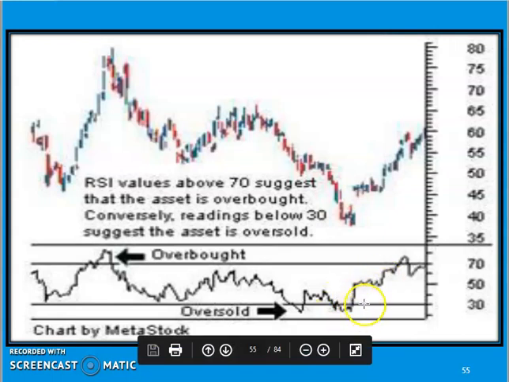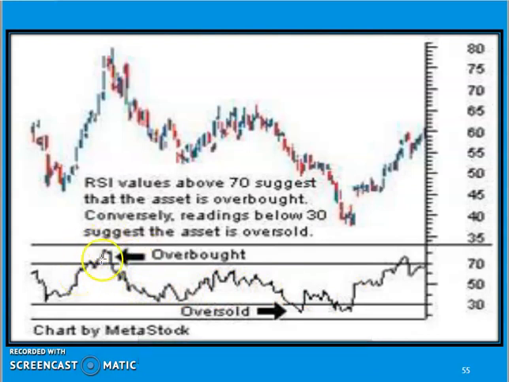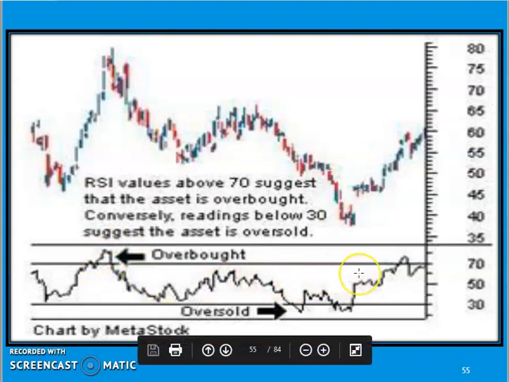At this point, it indicates a buying signal. And for the selling signal, whenever we see the RSI in the overbought area and then moving and crossing below this overbought line, it indicates a selling signal.